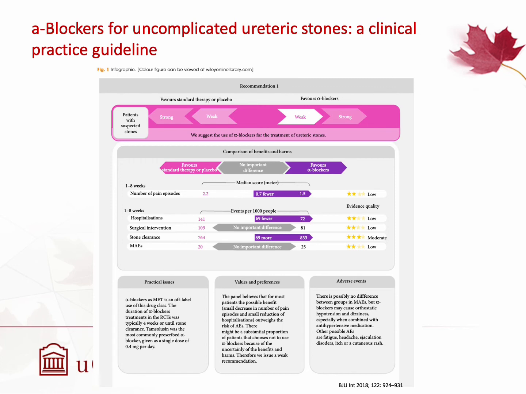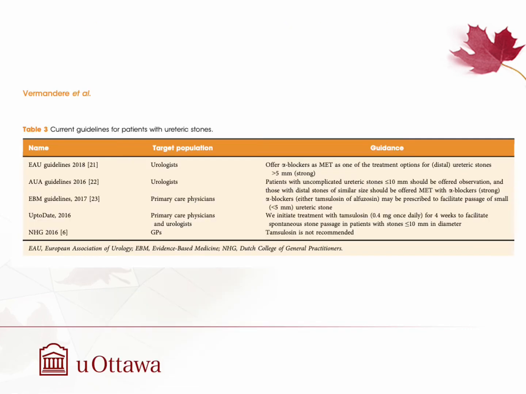Well, the panel that reviewed the data felt that there's a potential benefit with a small decrease in the number of pain episodes and a small reduction of hospitalizations, with a potential small increase in stone clearance rate that generally outweighs the risk of adverse events with alpha blockers. So again, I typically will utilize medical expulsive therapy for patients with distal ureteric stones that are over 5 millimeters. I believe that this is likely the sweet spot where we can still offer this to patients.